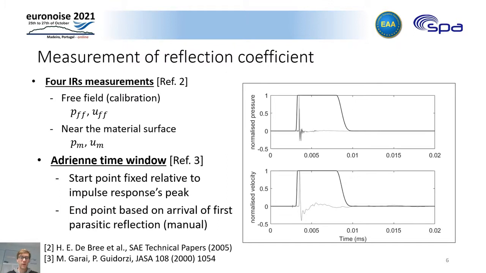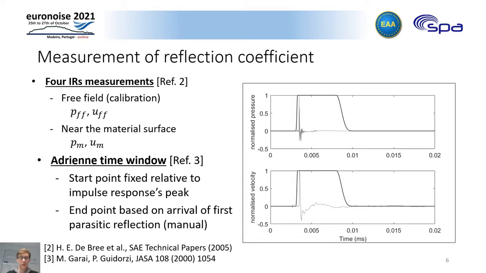Thanks to the PU probe, we can measure the impulse response of the pressure and velocity directly. In this procedure, we used an existing approach where we measure the pressure and velocity impulse responses in the free field, so with the device away from any surface, and near the material surface.